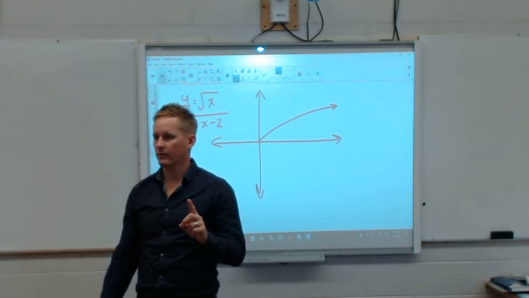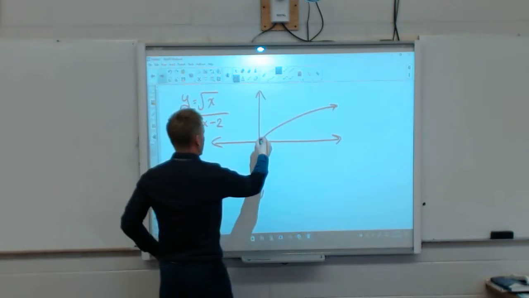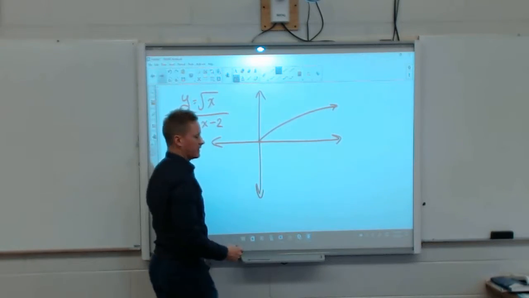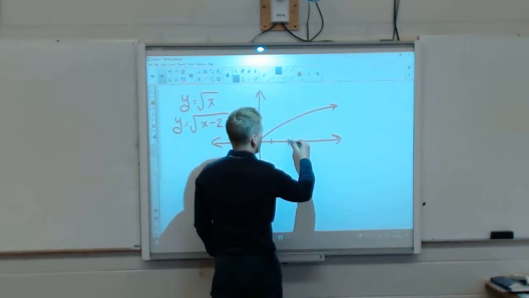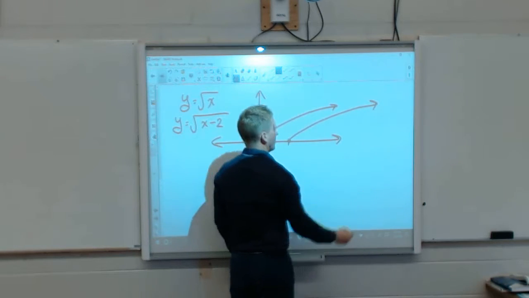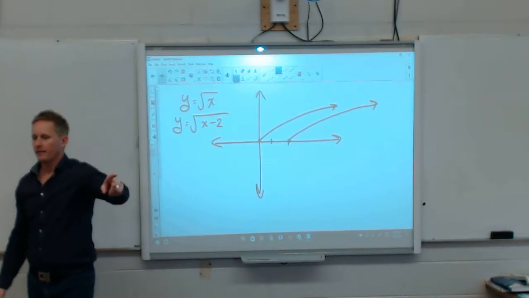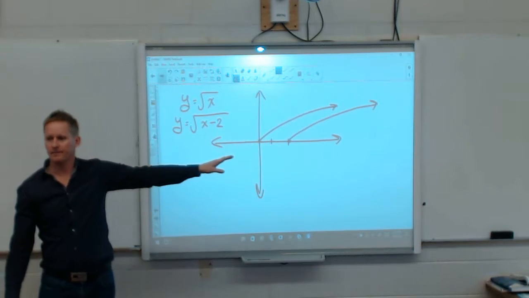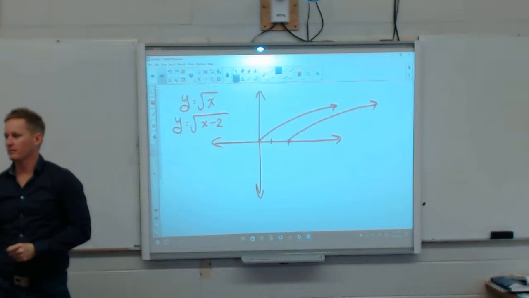There's only one move, and that is to the right. So I would move this guy. Instead of this being 0 and 0, it becomes 2 and 0. And this whole graph moves over that way, 2 to the right. Okay? But there's no brackets here. Well, the brackets are assumed inside the square root.